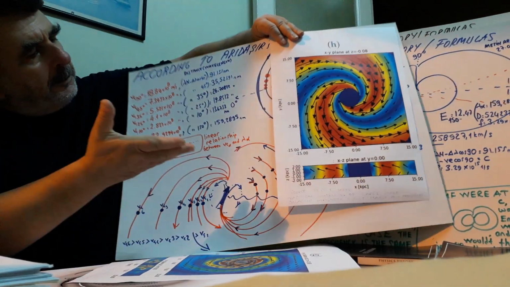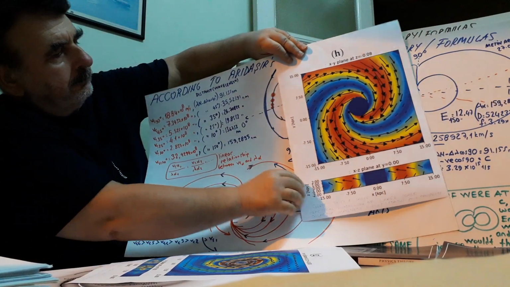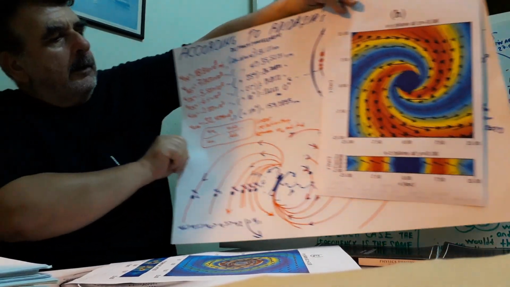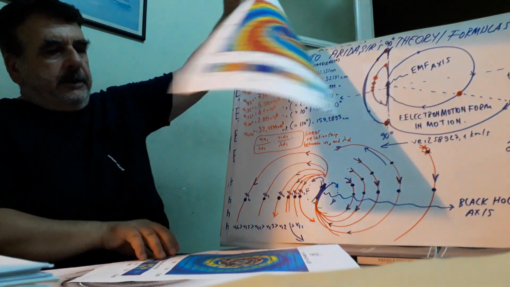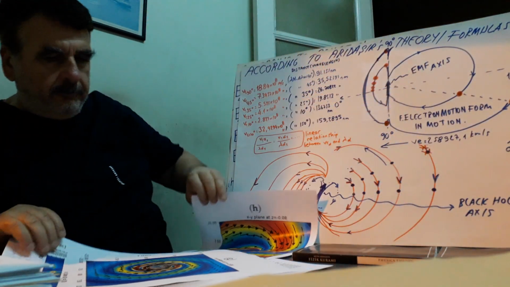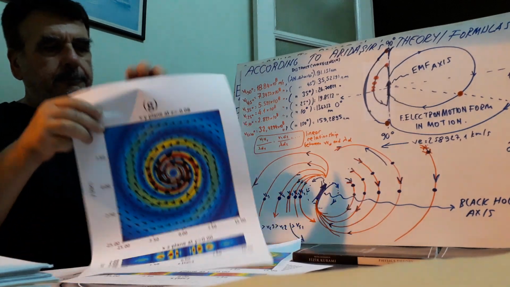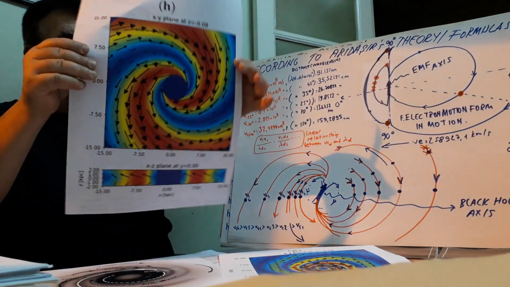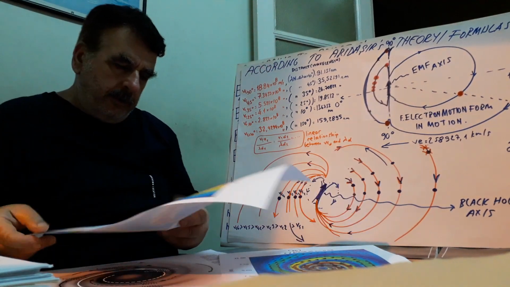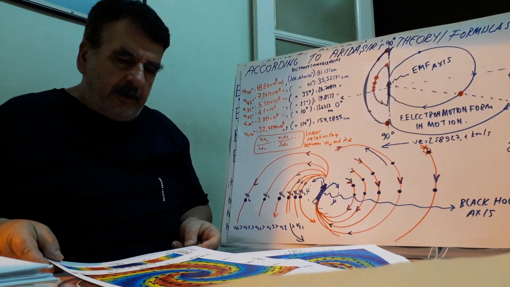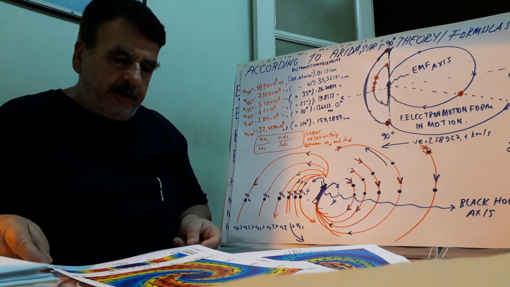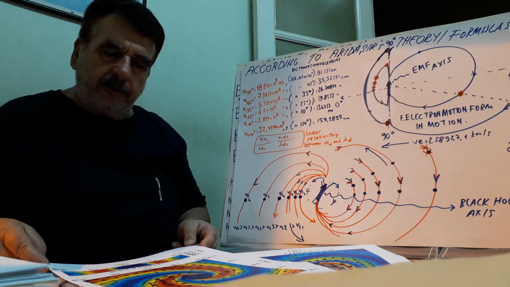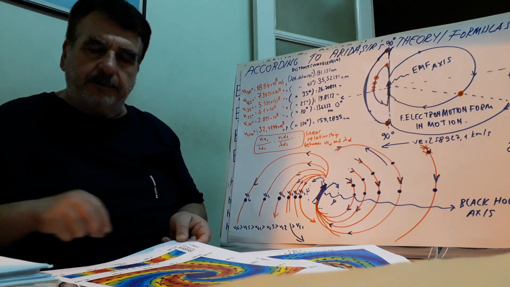Here. And another page. Here. And here. Source: Tess R. Jaffe, Practical modeling of large-scale galactic magnetic fields: status and prospects.